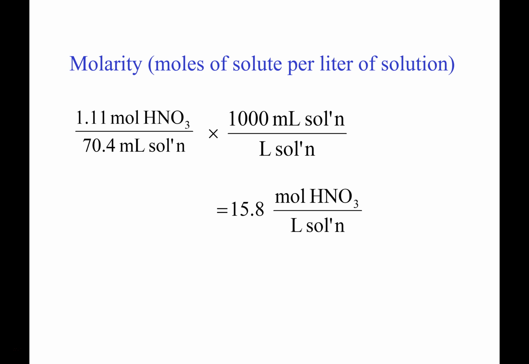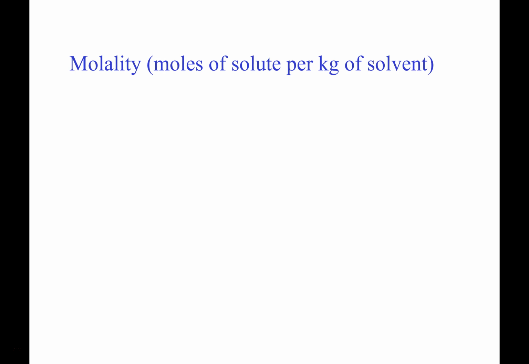So this one, can you kind of see how next I'm going to do? We're going to take that same moles, which was that 1.11 moles, and we don't have a kilogram of water, but by golly, we got 30 grams. So we're going to use that here.